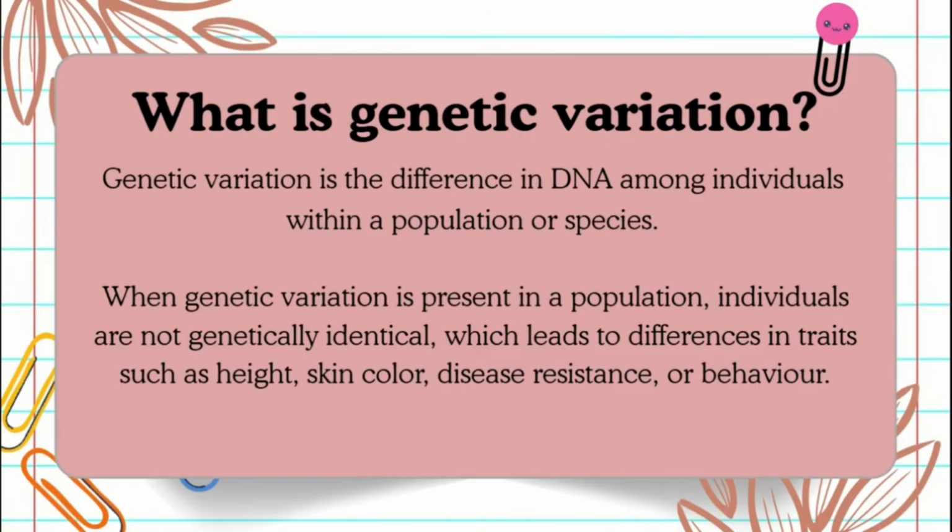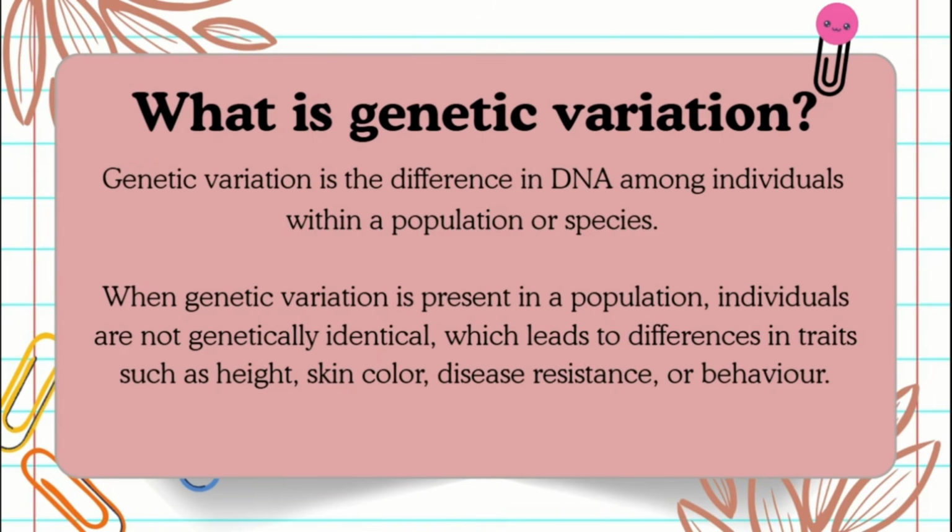So basically, when genetic variation is present in a population, individuals are not genetically identical, which leads to differences in traits such as their height, skin color, disease resistance, or behavior. So what that means is that even if on the outside they look alike, genetically they are not the same.